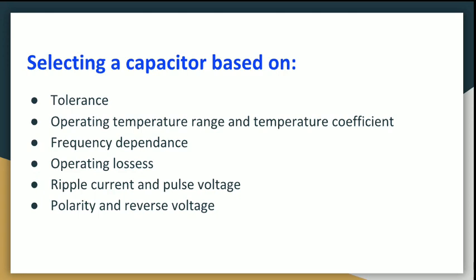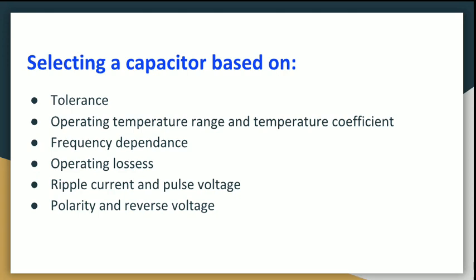Operating losses can be an important factor where circuits need to be energy efficient, like battery operated circuits. For such circuits, careful selection of capacitors should be made considering their dissipation factor, dielectric absorption, leakage current or insulation resistance, and self-inductance. All these losses must be minimized to improve efficiency and battery life of the circuit.